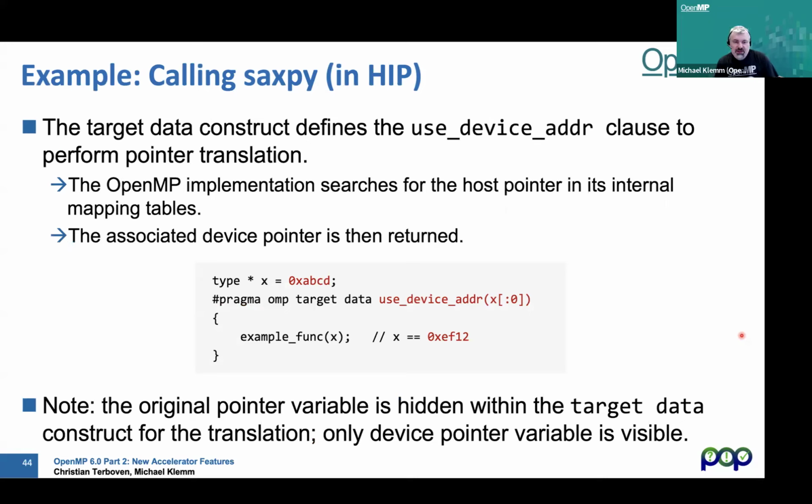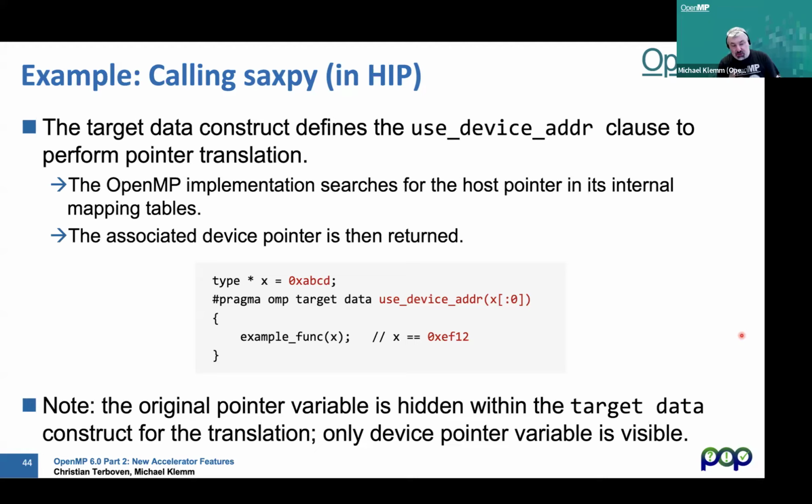Inside a target data construct, you can use that clause to tell OpenMP to look into the bookkeeping table of mappings and retrieve, for a given host pointer, the device pointer, and store it in the variable. The brain twister about this construct, though, is that the original pointer variable is hidden within the target data construct while the translation is active.